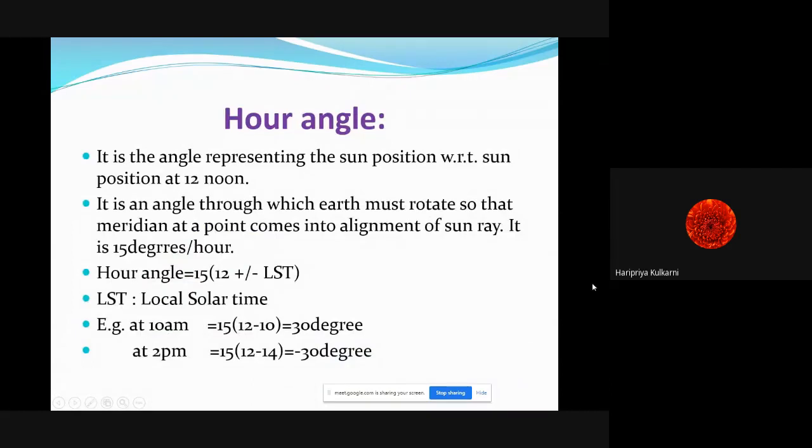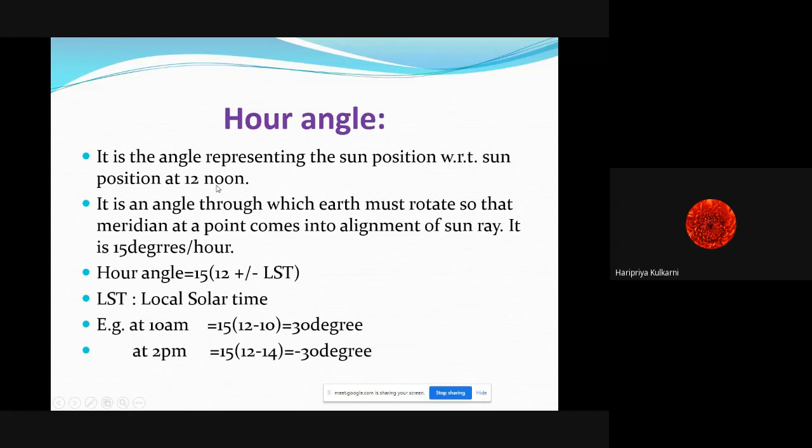Now the next definition is the hour angle. As we know, the time in India and the time in any other country is always different, so we have to match that with the geometry of the sun and earth. So there is a concept called hour angle. It is the angle representing the sun position with respect to 12 noon. So 12 noon is taken as a reference.